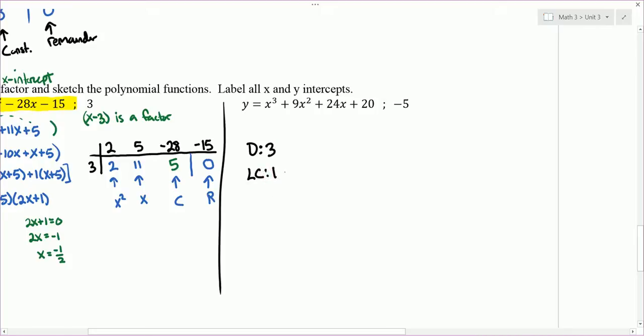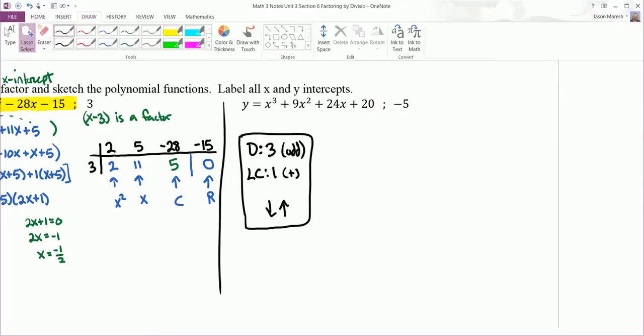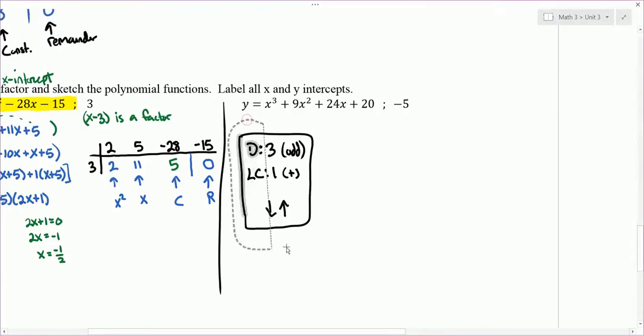Positive leading coefficient, which tells us the right side points up. Odd degree, which tells us the left side points down. So that's our end behavior. I'm going to move that down by the graph and save it for later.